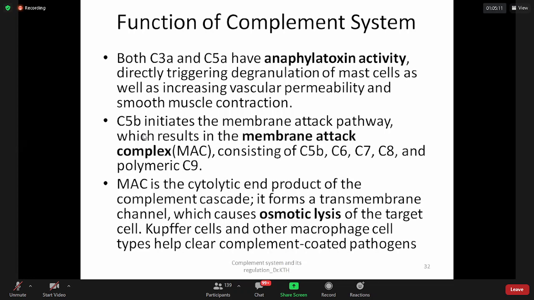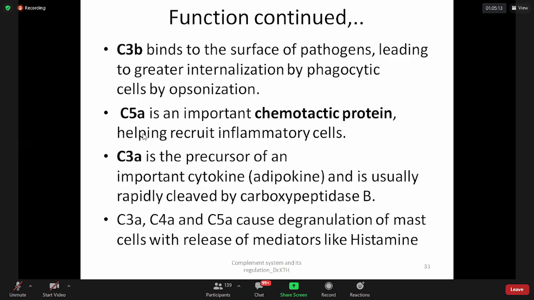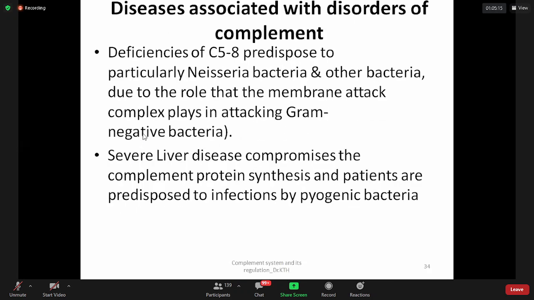Okay, so this is what I've been laboring to tell you about. So what about deficiencies? What happens if someone has a deficiency of a complement protein? The commonest really is usually deficiency of complement factors C5 to C8, meaning that someone is unable to form a membrane attack complex.